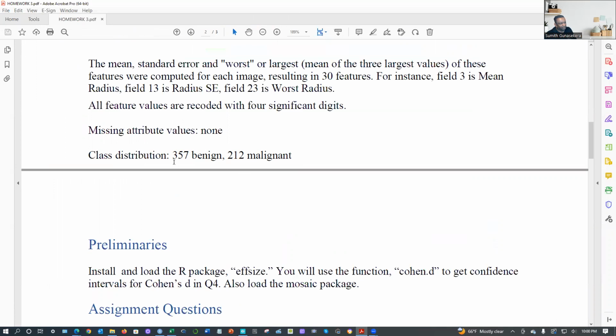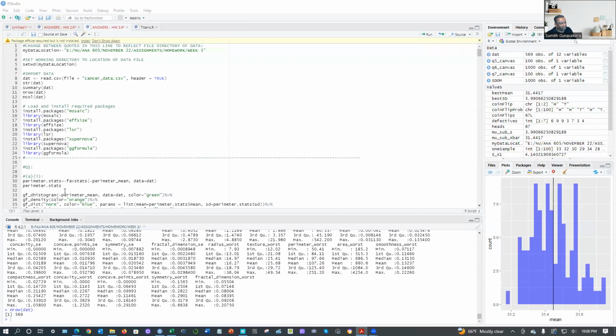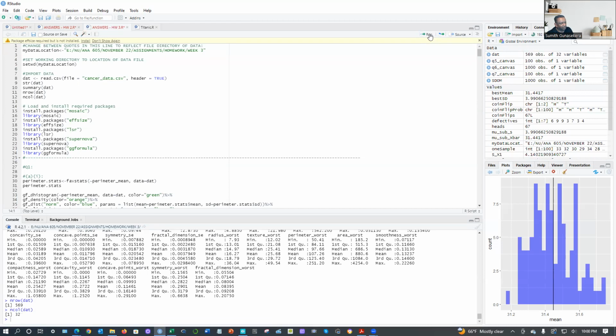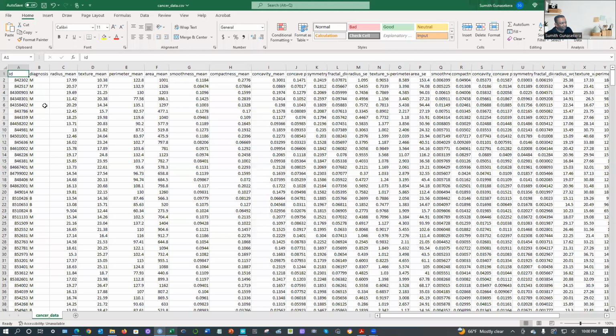The number of columns should be 32, including the 30 plus the diagnosis and the ID. These two, and the rest would be 10 variables. They've been repeated 3 times for different specifications: mean, standard error, standard deviation, and the worst.